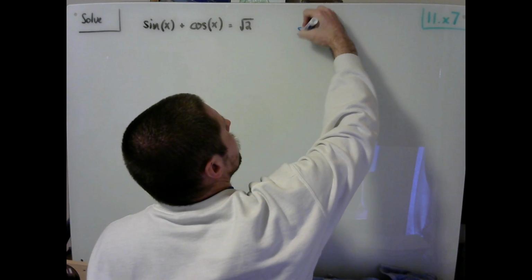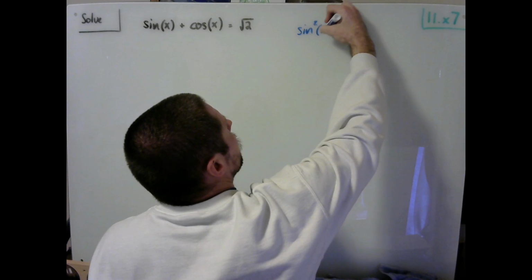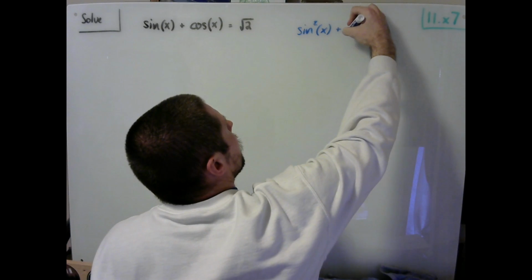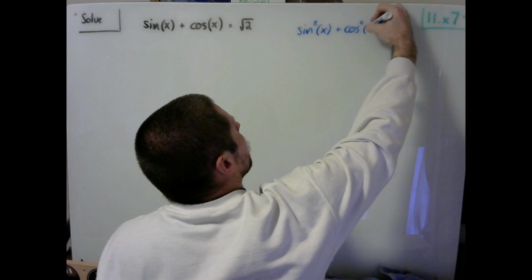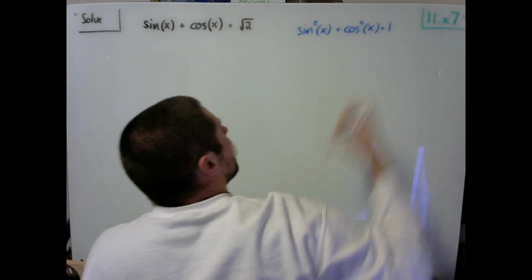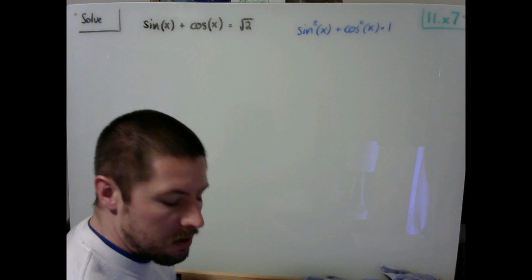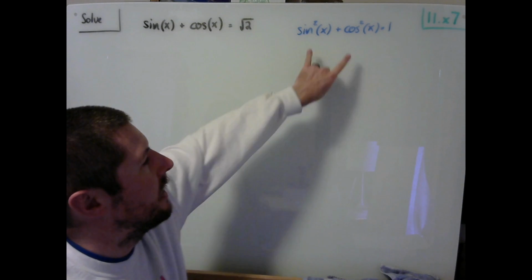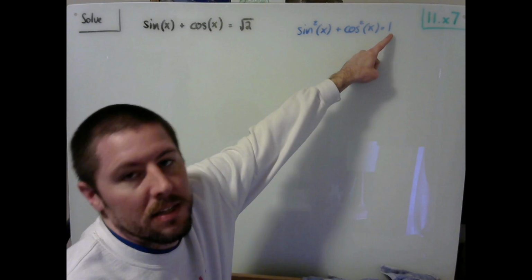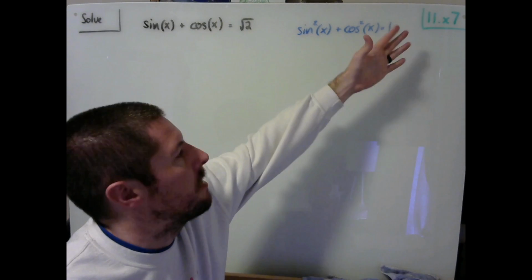The problem is that it has squared terms. Sine squared of x plus cosine squared of x equals 1. So the good news is that this represents sine terms and cosine terms being added together in the best possible way. What an awesome output that is. That's super simplified for me over there.